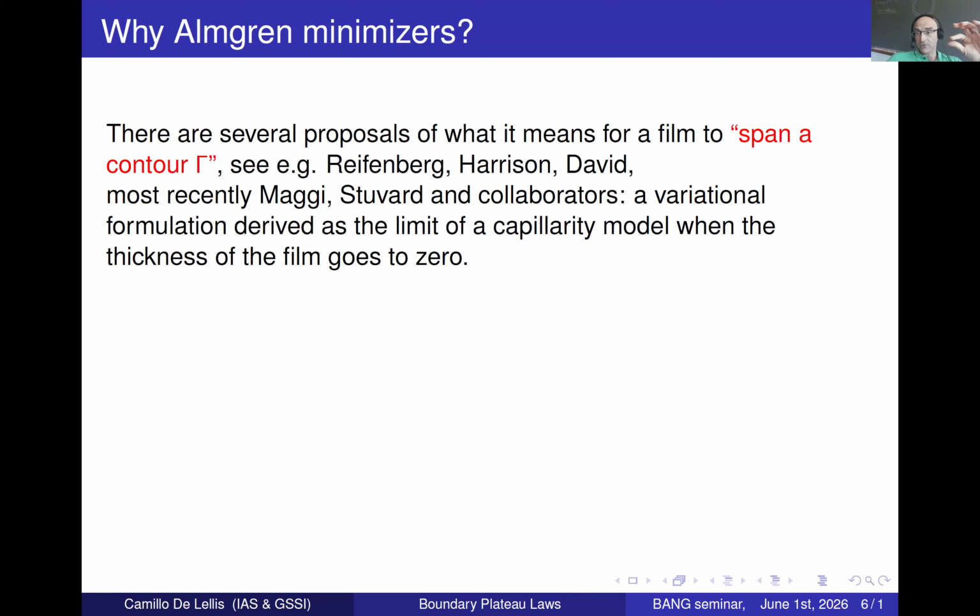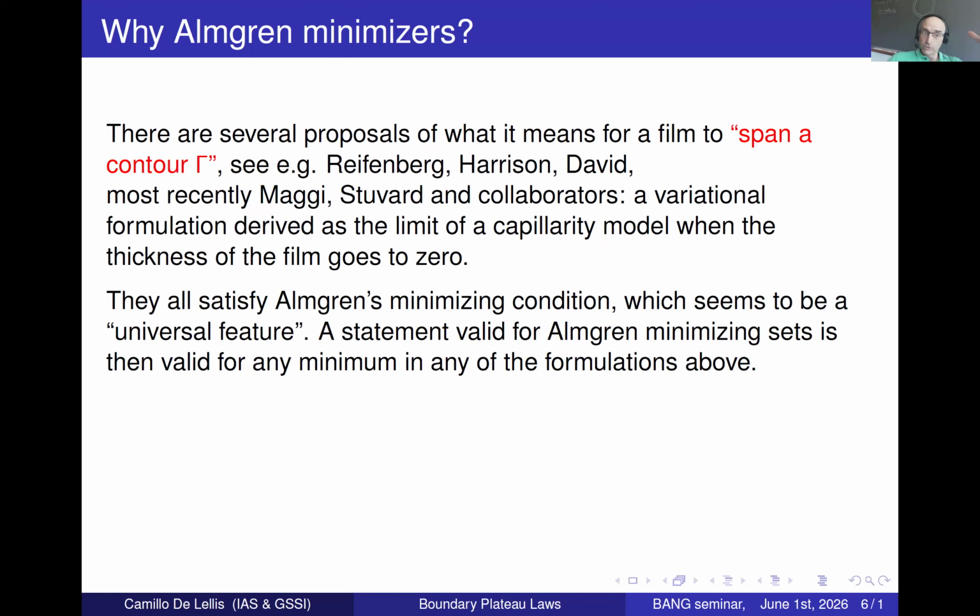And so the fact that you're minimizing area among all surfaces which are objects with zero thickness should be understood as a limiting variational problem for more realistic variational models in which you actually take into account the thickness of the surface and the fact that there's a little bit of soapy water inside the film. But anyway, what is interesting is that all of these models satisfy this Almgren minimizing condition.